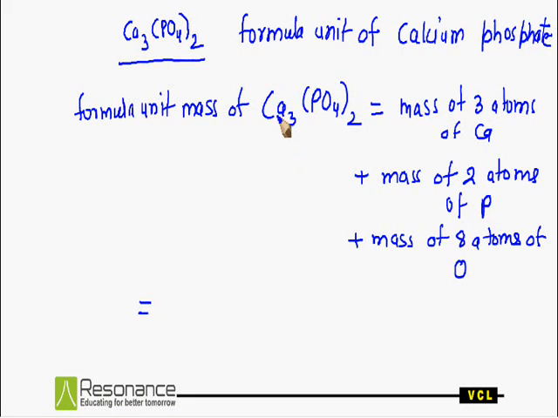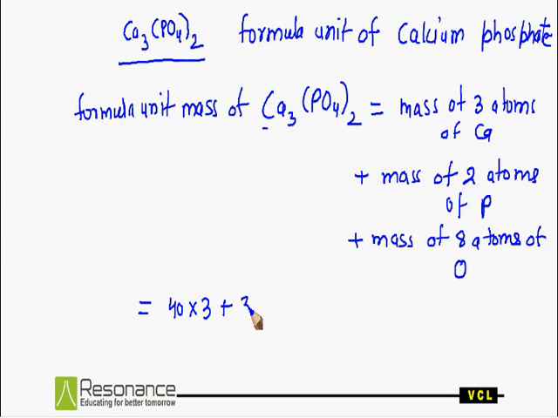We know the mass of 1 atom of calcium is 40, so we can write 40 into 3, and this is the total mass of calcium in one formula unit of calcium phosphate.